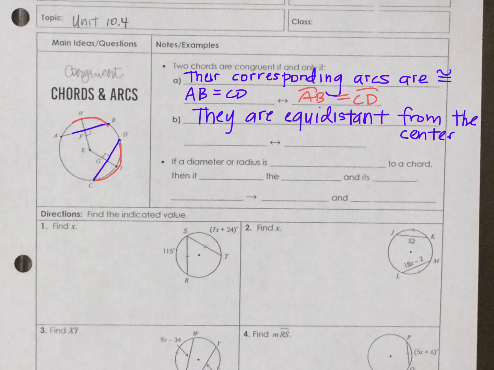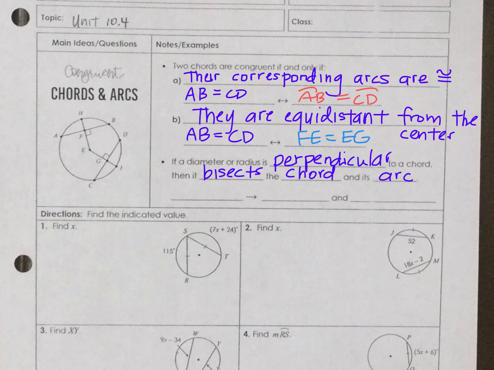They will also be equal distance from the center. So that tells me that, again, if AB is congruent to CD, then this little part FE is going to be the same as EG.